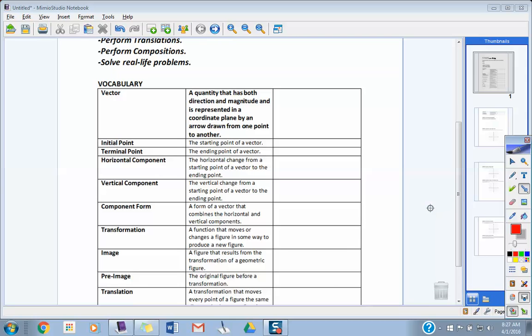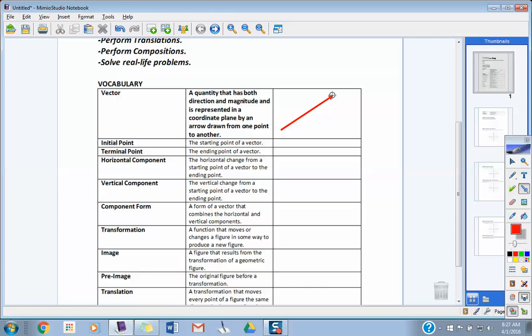A vector is simply this. That's simply a vector, okay? It's basically a ray in a way. It's what we draw in a coordinate plane, and it's represented from one point to another, and they put an arrow at the end of this. So now the second one, it says the initial point right here.